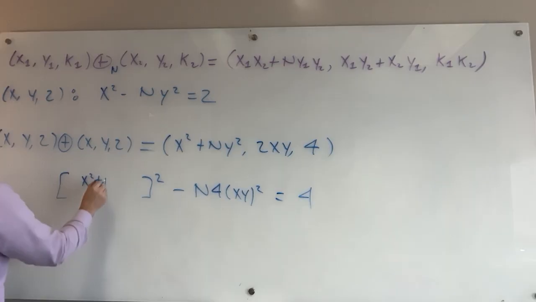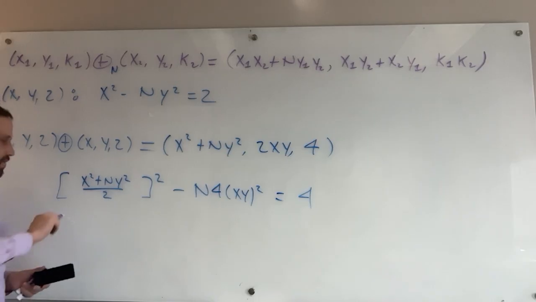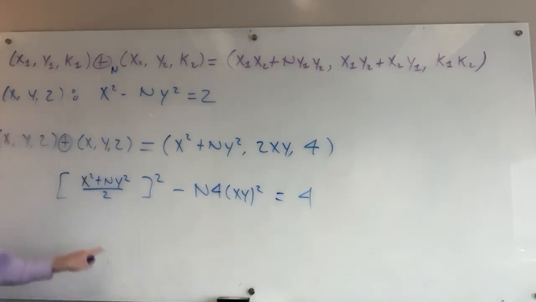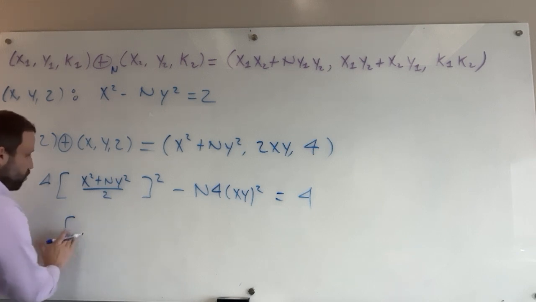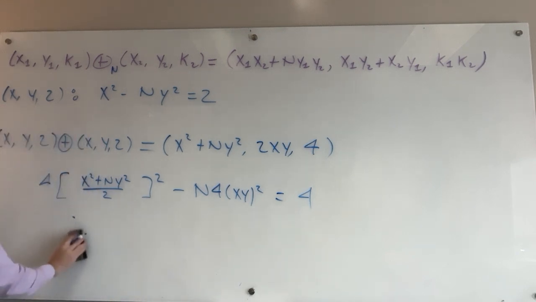x squared plus n y squared. Since x squared plus n y squared is even, this is going to be an integer, and I'm dividing by 2 squared, so I need to multiply by 2 squared, which is going to be 4. And now if I divide all of this by 4, let me just erase the 4's.